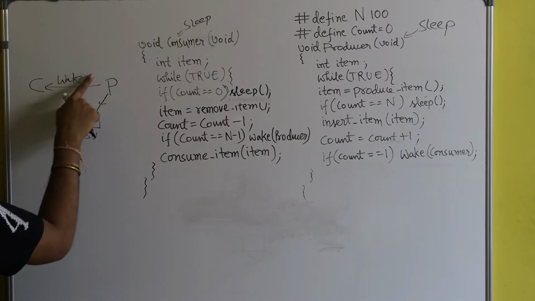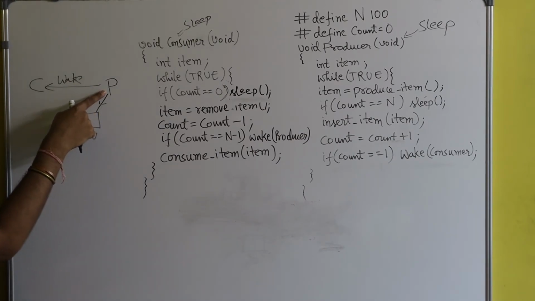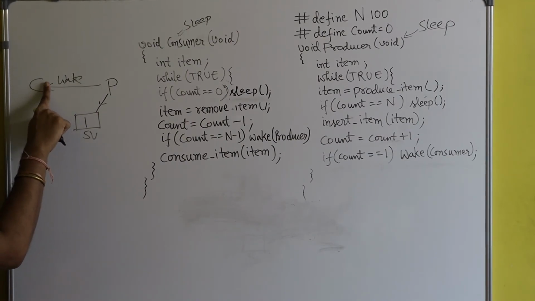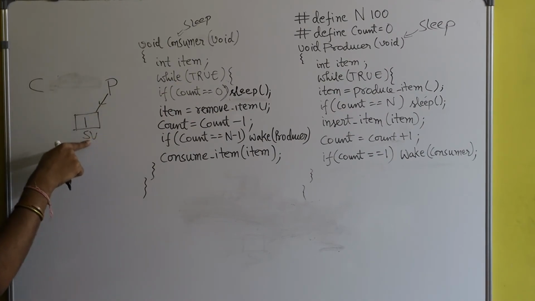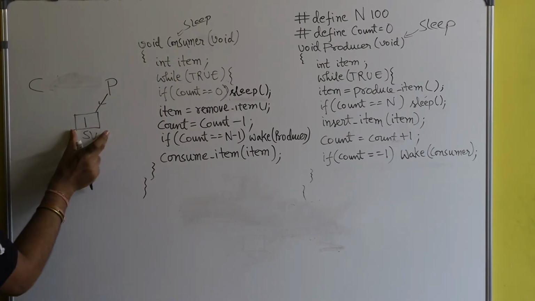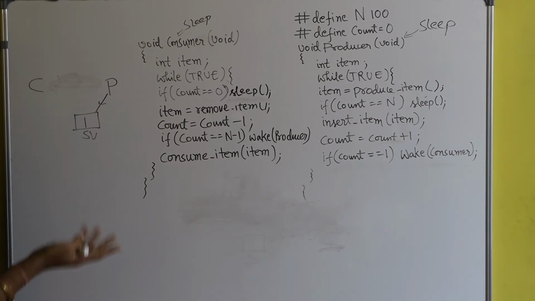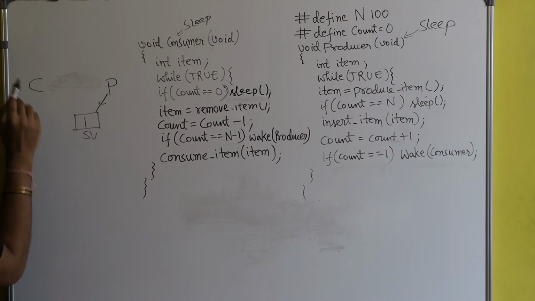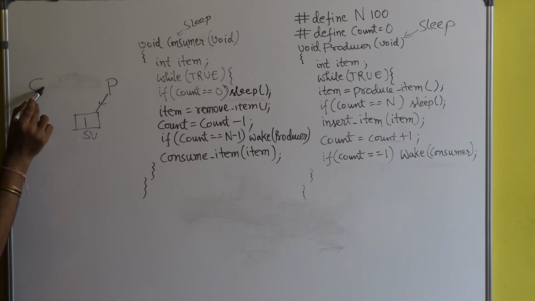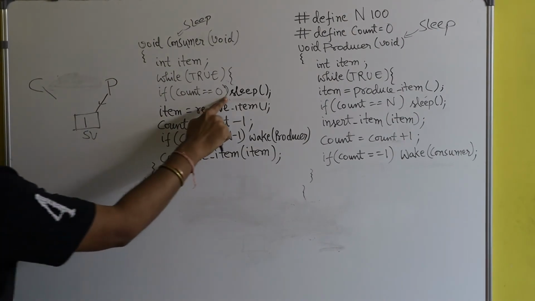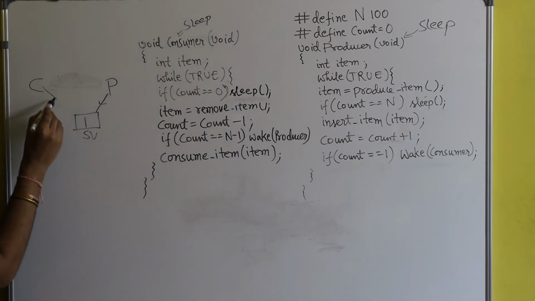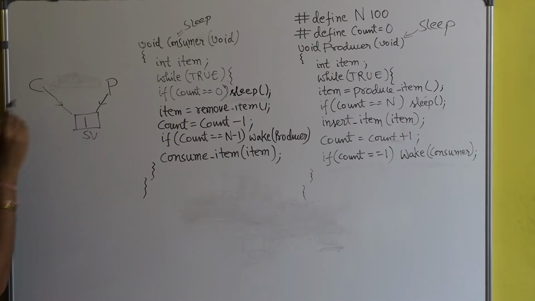So now the producer has not sent the wake system call directly to the consumer, so I am removing this. Rather than sending directly, the producer had sent it here. Now this semaphore variable can be used by the consumer later. How? After finishing some task, when the consumer wants to sleep, the consumer will check the status of this semaphore variable before sleeping.